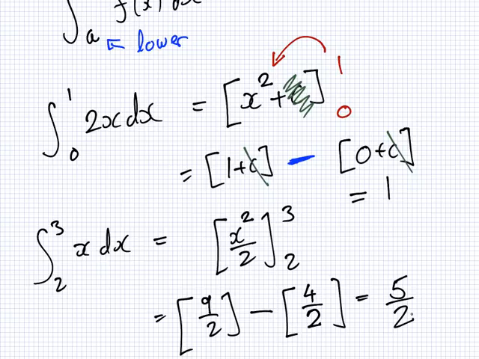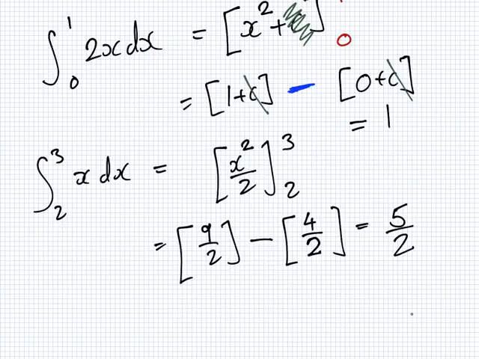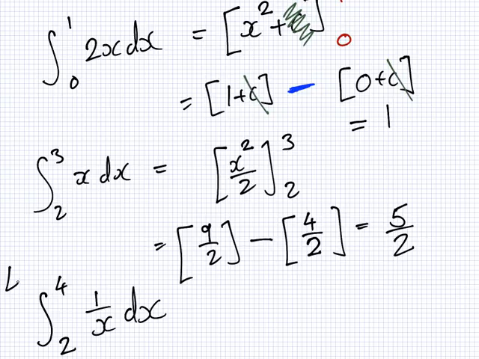But there are some cases where we have to be careful. So let me just give you one to try and then we'll talk more about special cases. 2 to 4, 1 over x dx. I want you to try this and to simplify your answer fully. It's still integration, but it's called definite integration.